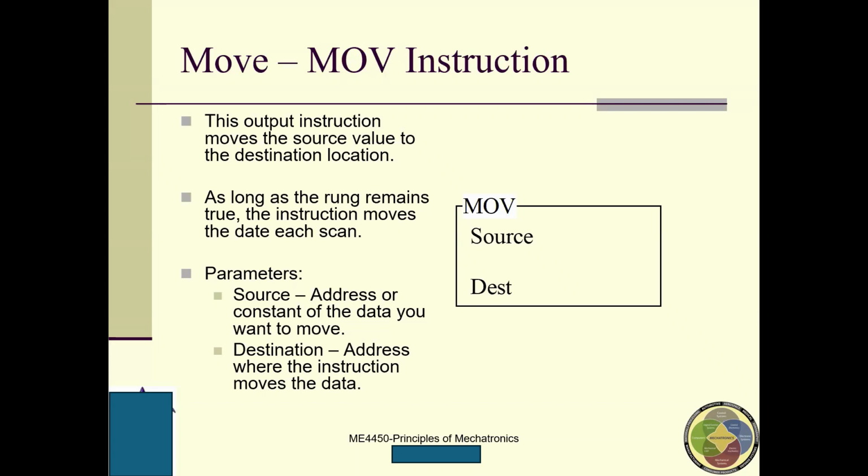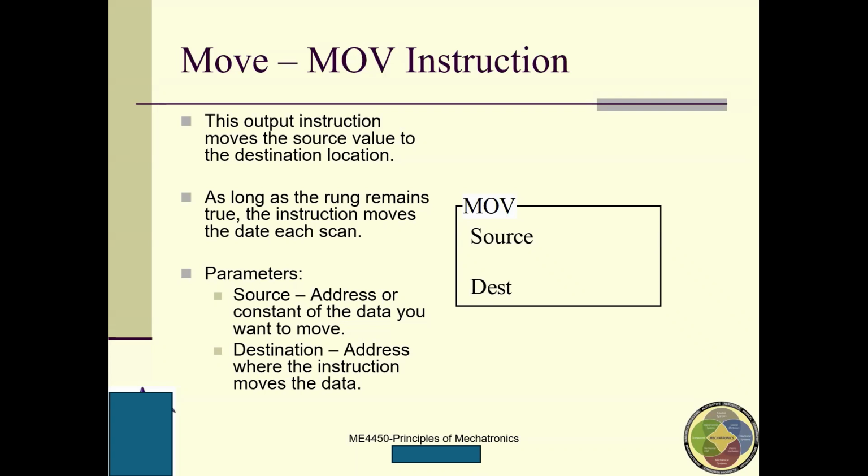You should know that this is an output instruction. If some conditions are met, then I'm going to move some value from one location to a second one. As long as the run condition remains true, the instruction moves the data each scan.